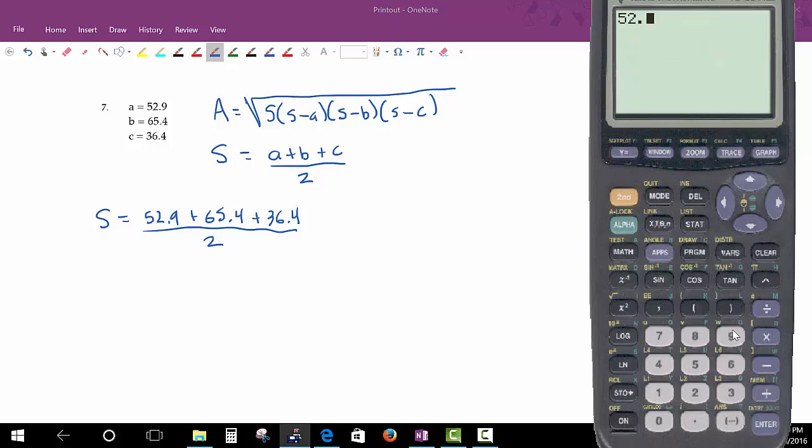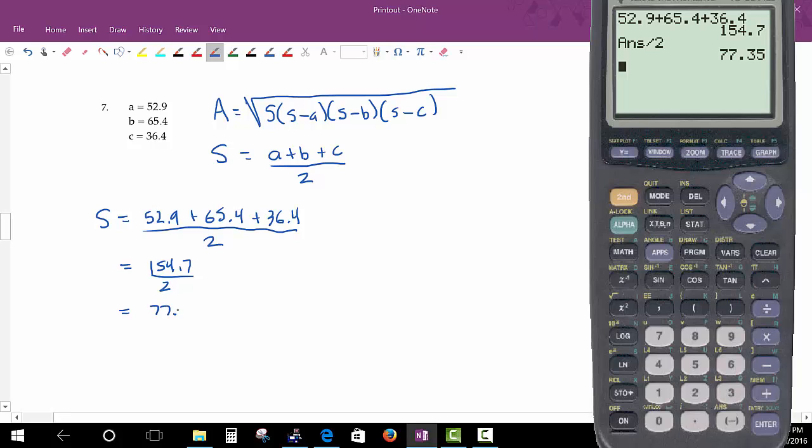So 52.9 plus 65.4 plus 36.4 is going to give a value of 154.7. Then we're going to divide that by 2 on the calculator, which will give 77.35. So what we found is what we call the semi-perimeter, which is going to plug in right there.